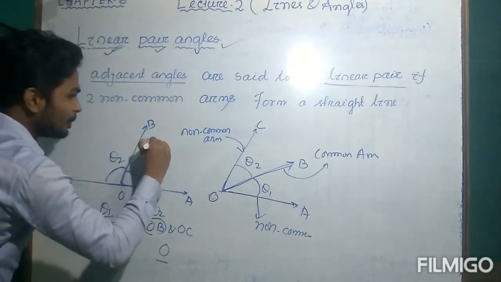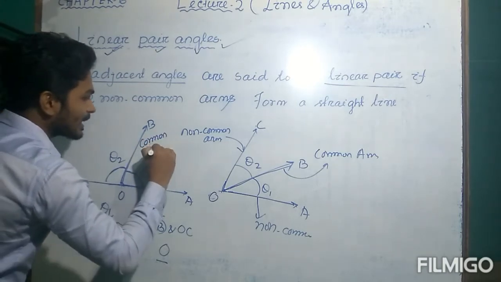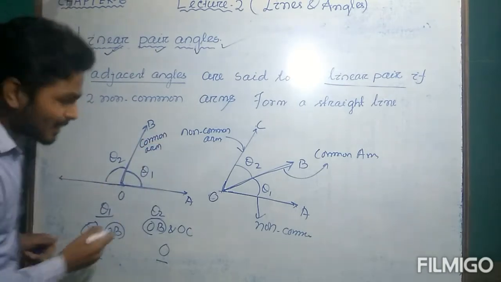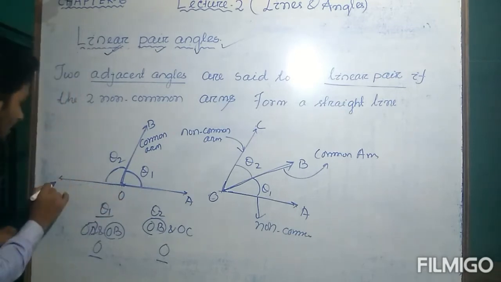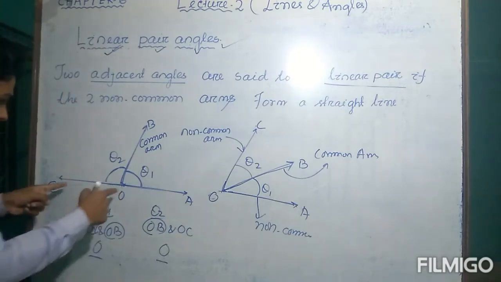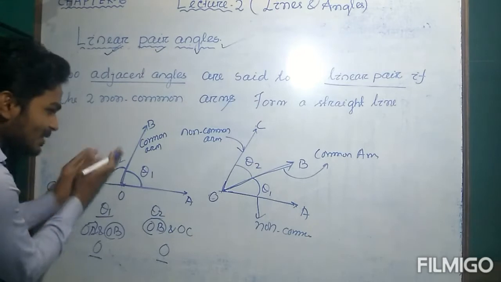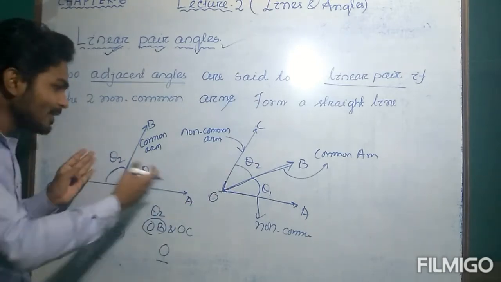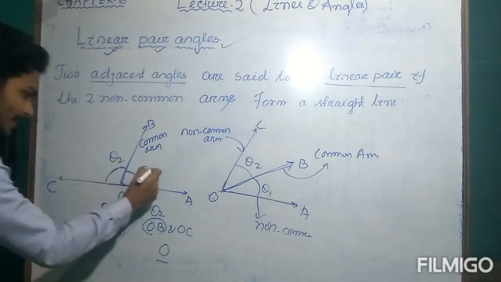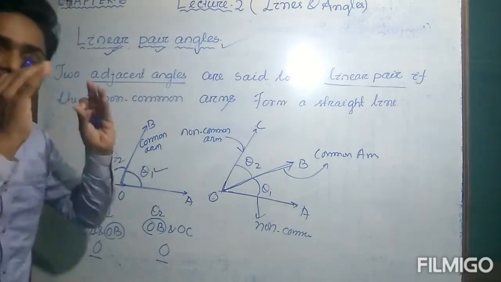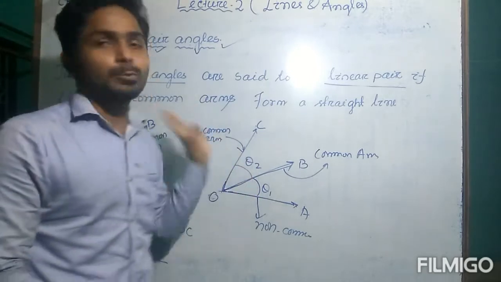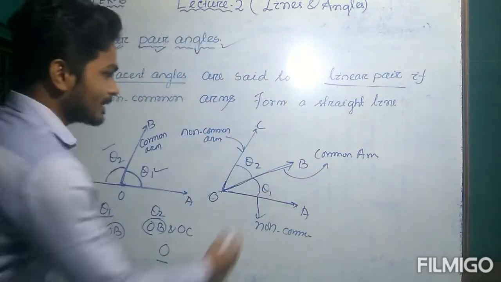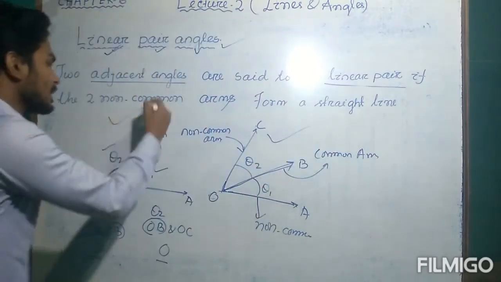So here OB is the common arm, and the two non-common arms are OA and OC. Now you can see these two arms lie on two opposite sides, yes, on different sides. Hence, these theta 1 and theta 2 angles are adjacent angles, like these two angles. Understood? These are also adjacent angles.